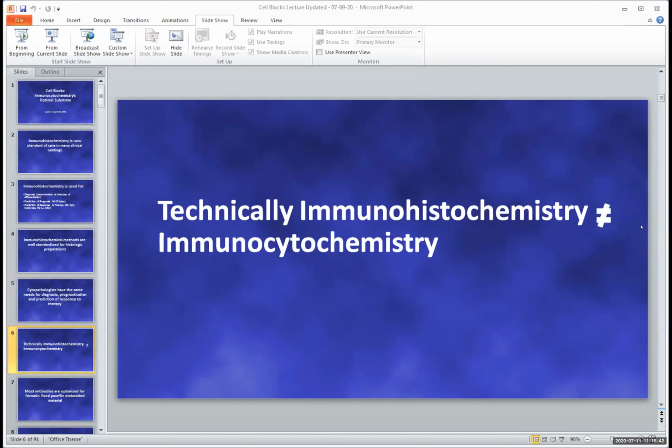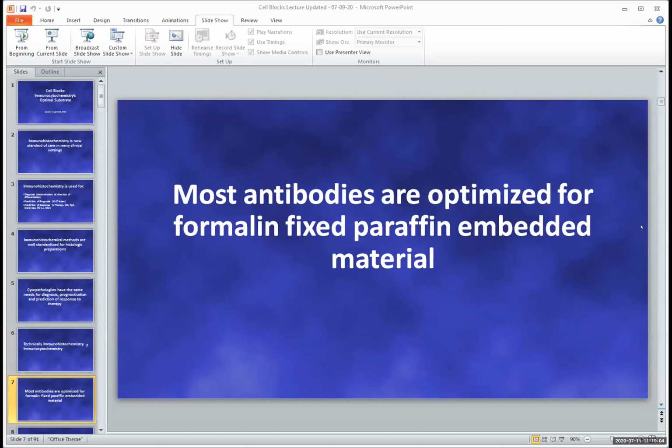It's important to understand, as I think has already been well illustrated, that technically immunohistochemistry is not identical to immunocytochemistry, although we can get close to that similarity if we use formalin-fixed paraffin-embedded cell blocks. Most antibodies have been optimized for formalin-fixed paraffin-embedded material.